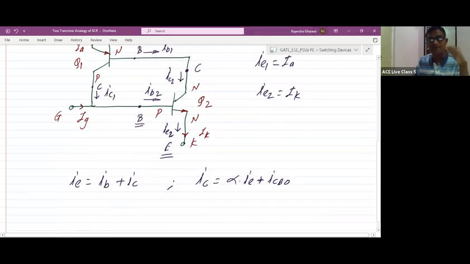So for transistor Q1, instead of IC we'll have IC1, which is equal to alpha 1 into IE1 plus ICBO1.